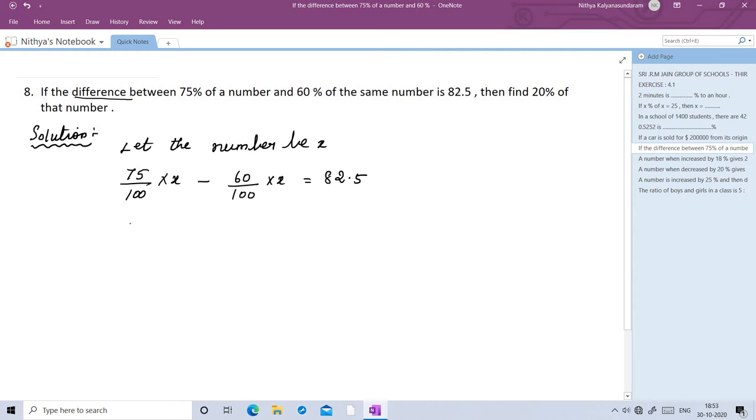So 75x by 100 minus 60x by 100 is equal to 82.5.